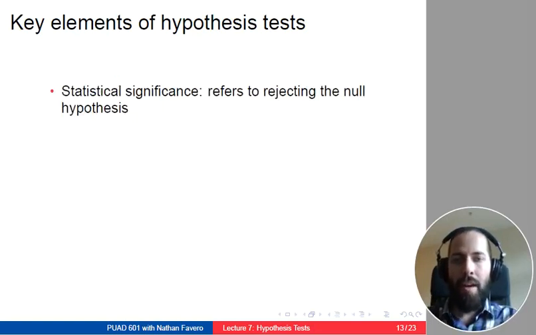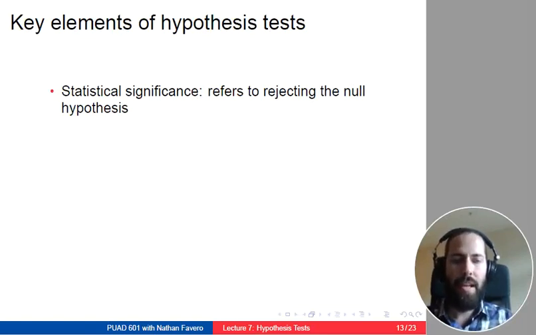All right. A few more definitions. Statistical significance. You might have heard this term. It gets used in the media sometimes. Statistical significance just means that the null hypothesis got rejected in a hypothesis test. A lot of times people use this term without specifically describing all of the steps of a hypothesis test, but they implicitly are referring to some sort of hypothesis test.